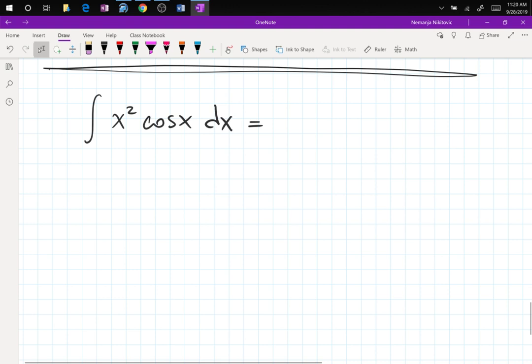So we are back to our x cosine x horse, which means that we are going to use u as x squared and dv as cosine x dx. So go from there. I promise this is the right choice, so just go from there.